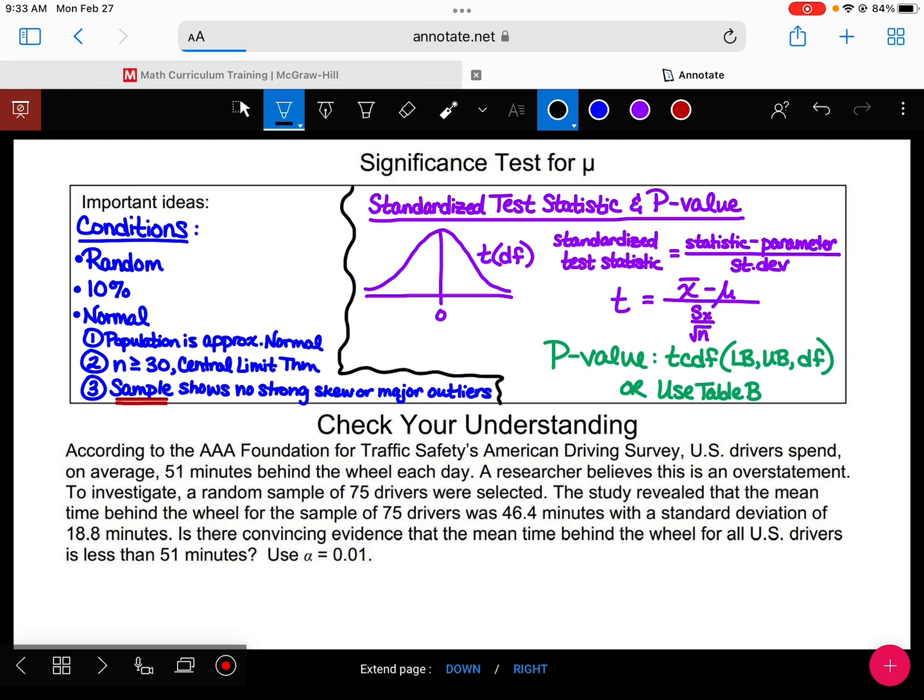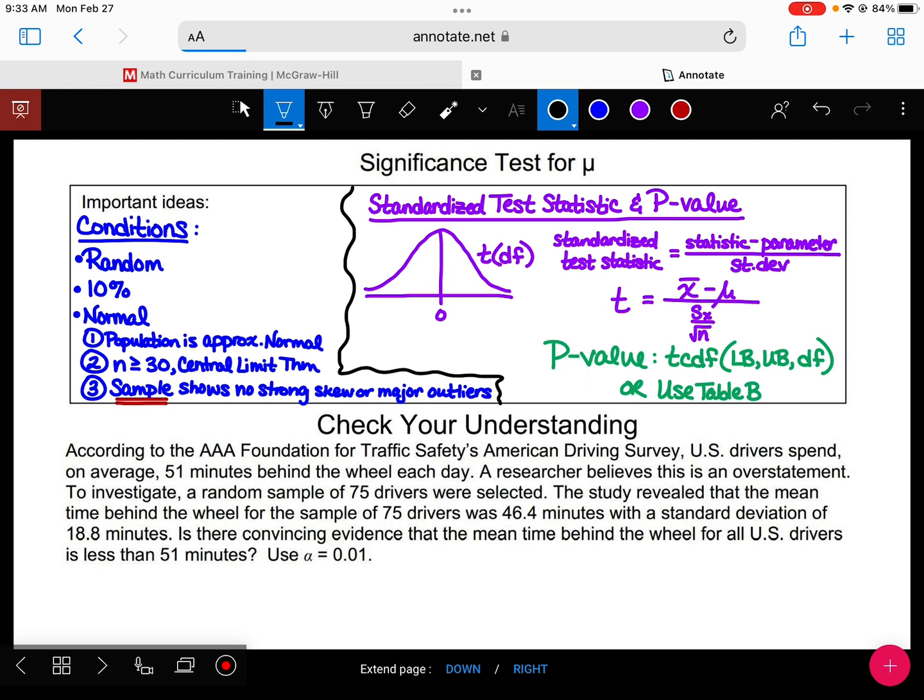You can technically use table B, where we were going to find our critical value for T star when we did our interval testing. For this one, if you wanted to use table B to calculate your p-value, you would have to try to find the closest number in the middle of the table to the t-score that you found by doing x bar minus mu over your standard error with the degrees of freedom that you have.